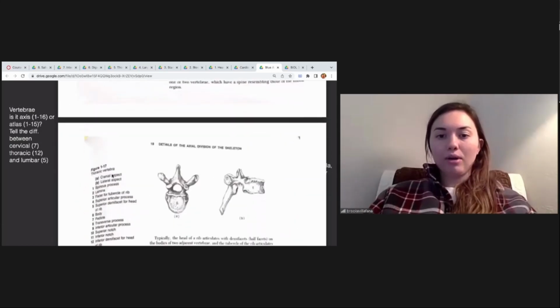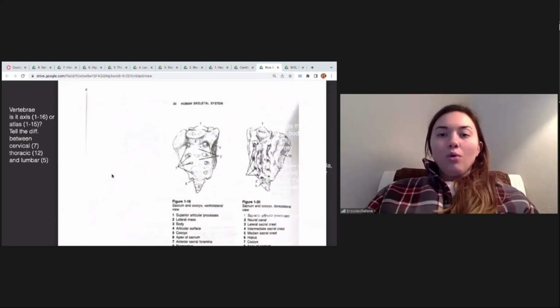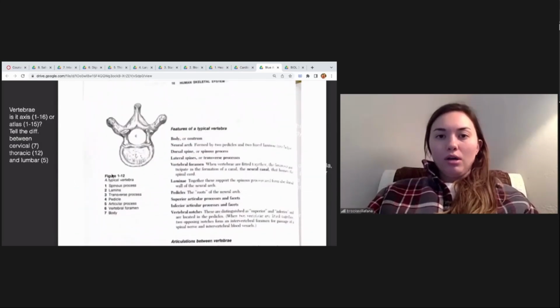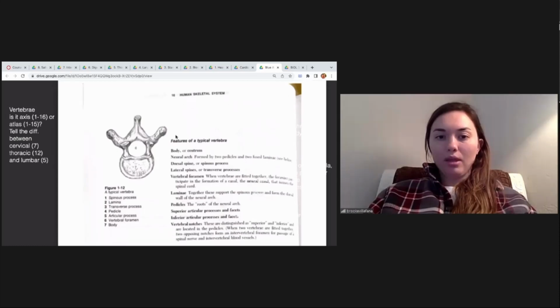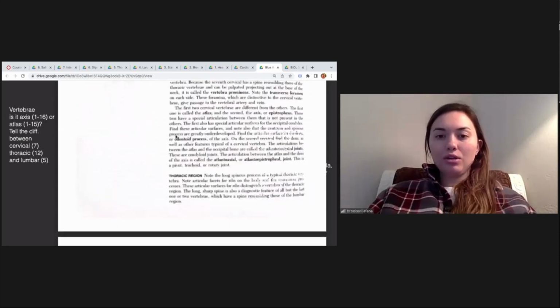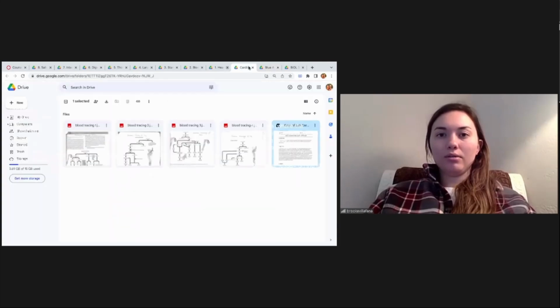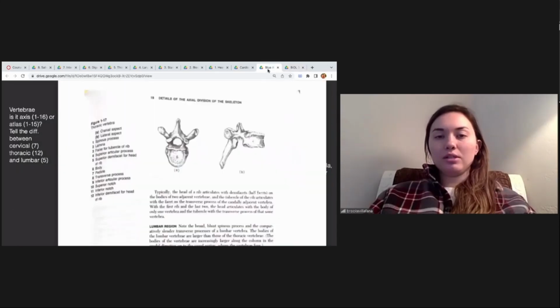And then for memorizing the parts of the vertebra, we're really wanting you to look at this typical vertebra, which is on page 16. Okay. And as you could see, 65 through 70 is very focused on the thoracic vertebra.